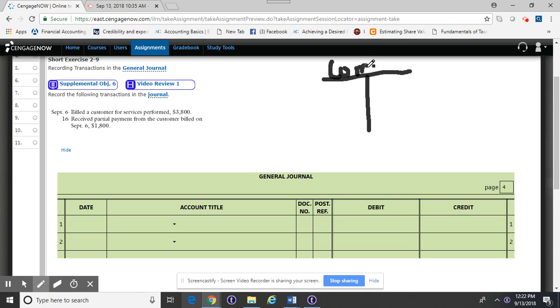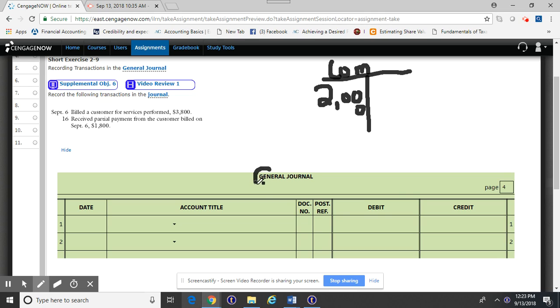So say the company buys a computer, and let's say they buy that computer for $2,000. That computer is an asset, right? So they bought the computer. The asset increased. What do we say when an asset increased? We debit it. It goes on the left side. So on the left side, $2,000 goes on the left side, right?